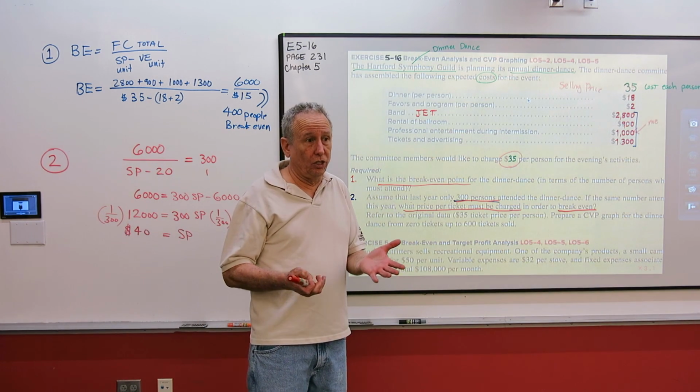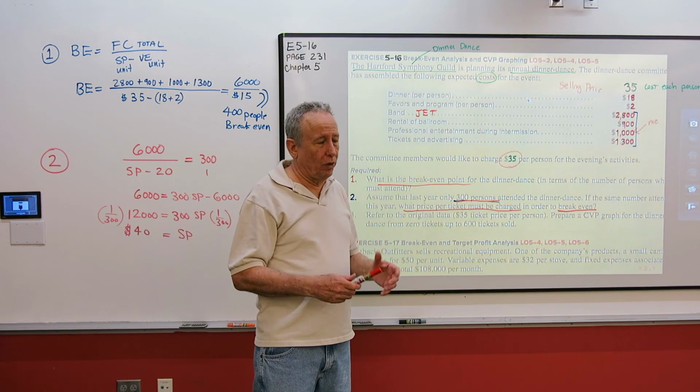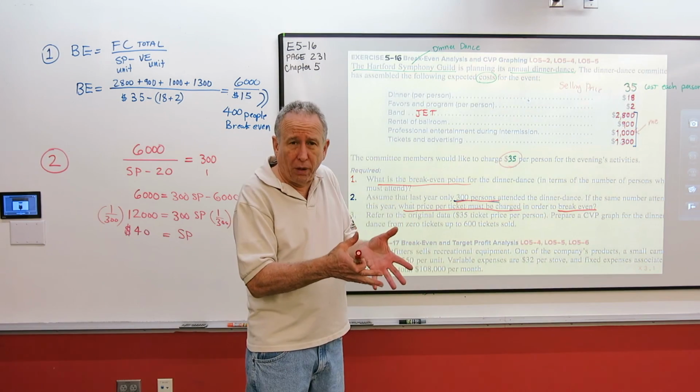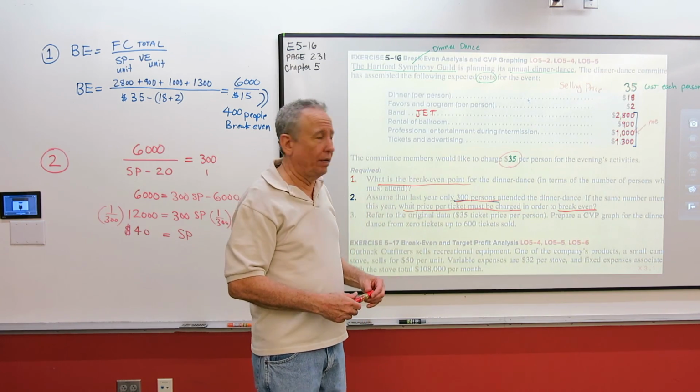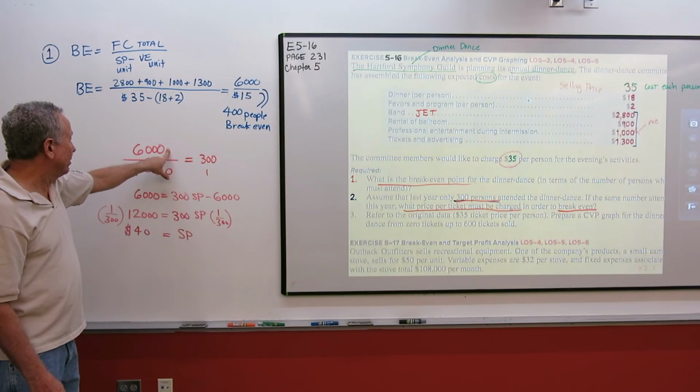That's the first thing: you don't want to lose money on the chili dinner. Whatever your profit is, you're going to give away to the charity, but you can put that in there too. Remember, if you want a profit, just add it to the numerator, and you can figure out how many people you need.